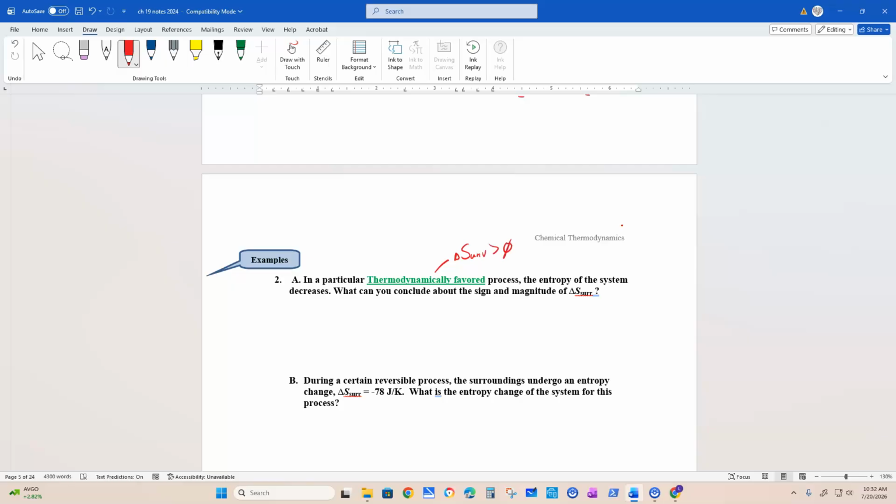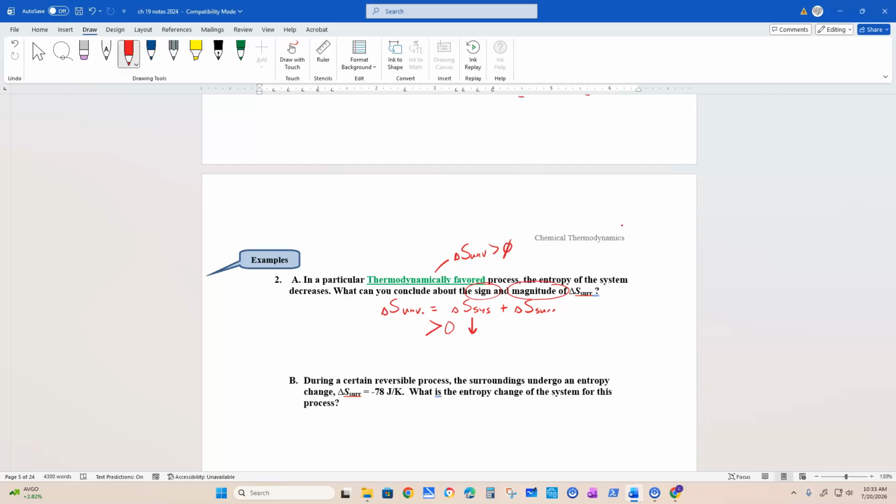The entropy of the system decreases. Okay, so my delta S universe equals delta S of the system, and all I know is that the system decreased, it went down. If I add that to the surroundings, what do I know about the sign and the magnitude of the surroundings? Well, according to the law, this has to be greater than 0.